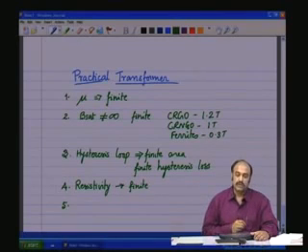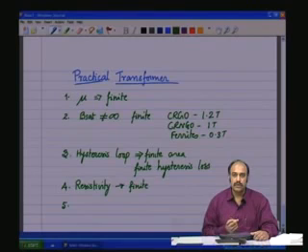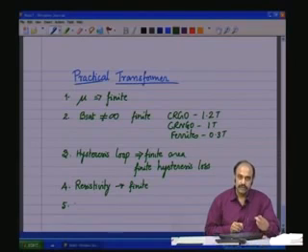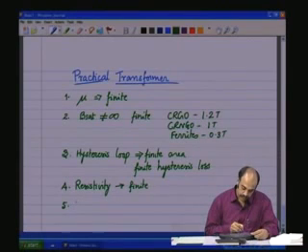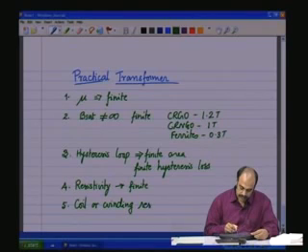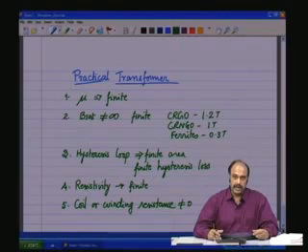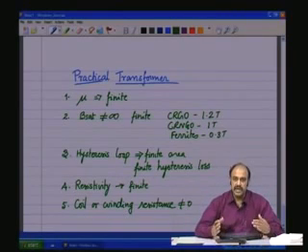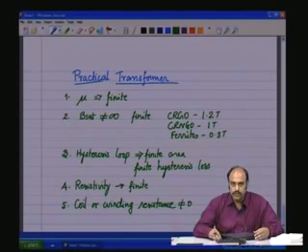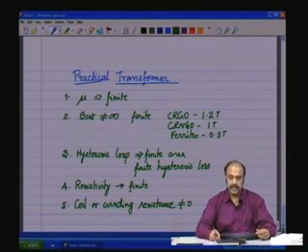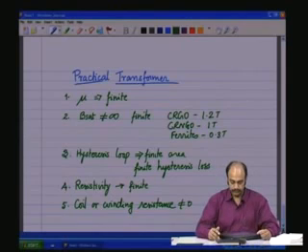And fifth, the coil that are wound on the core is normally copper or aluminum, which have some finite resistance, and therefore the coil or winding resistance is non-zero, which means there is going to be a finite copper loss. So a practical transformer has all these to varying degrees depending upon the type of the material used and depending upon the type of the windings used and the way it is designed.